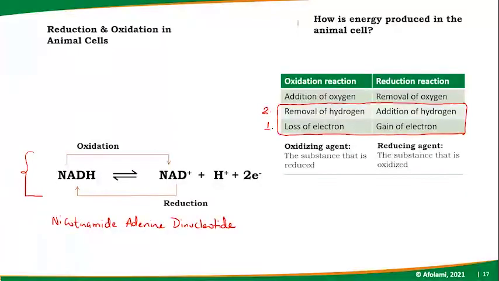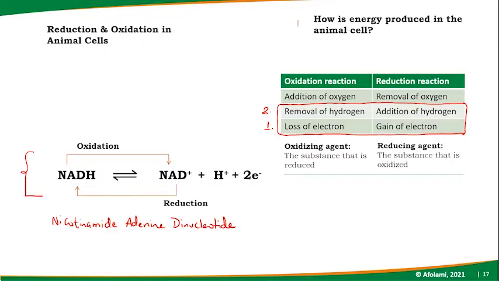But in this case, when we are talking about NADH as electron carriers, we are looking at a series of redox reactions. So in this case, NADH usually at the beginning is in a reduced state.